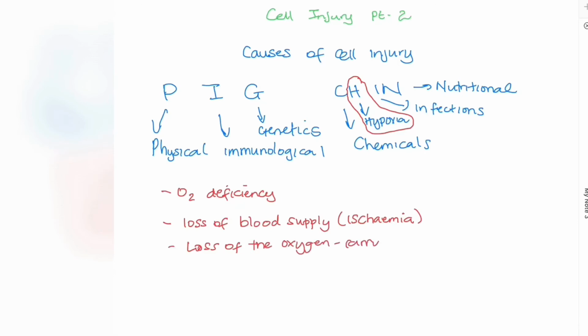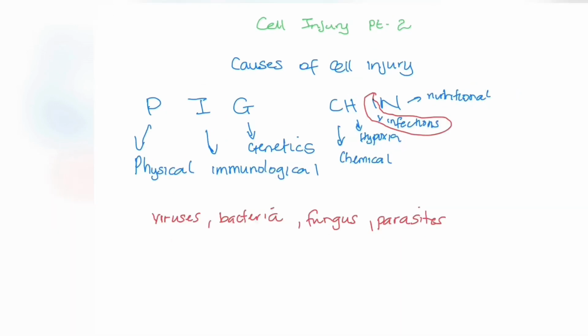Next is the loss of oxygen carrying capacity, where there's a problem with your hemoglobin, as seen in anemia. The last is inadequate oxygenation of the blood. In respiratory failure, no oxygen enters the body to be transported, and so there is no oxygenation.